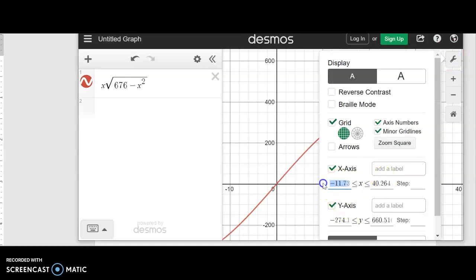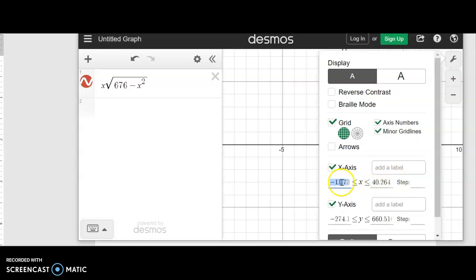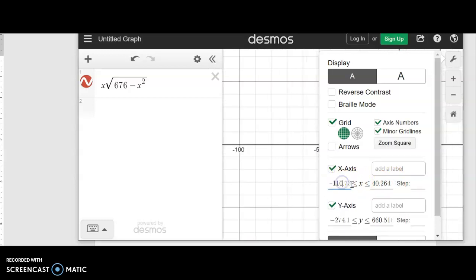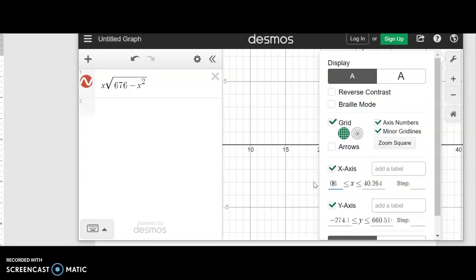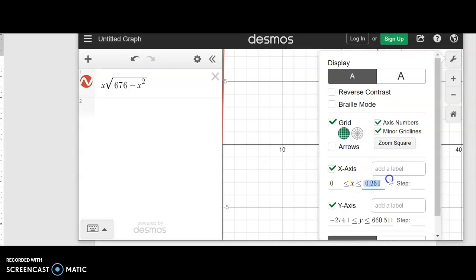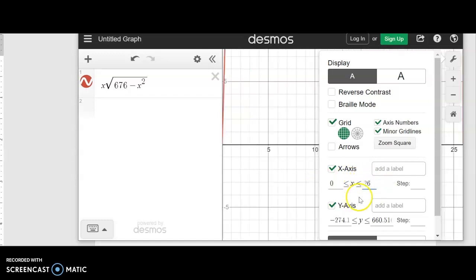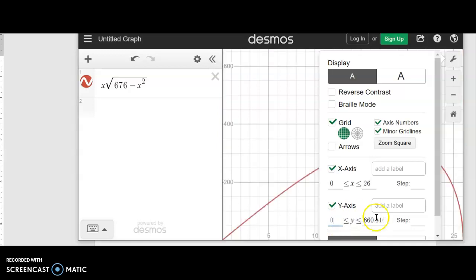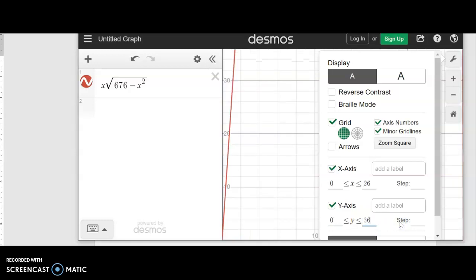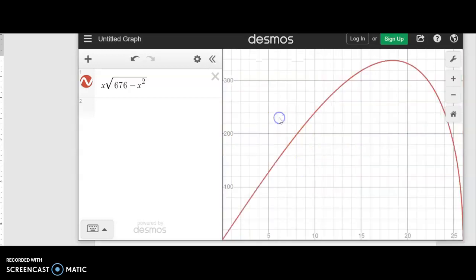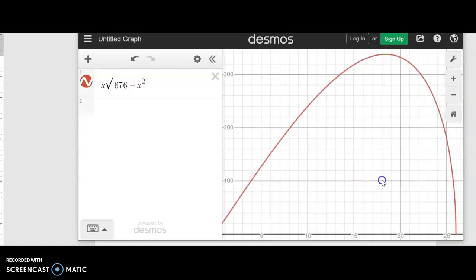So if I did that, 0, 26, and then it gave me kind of two options in my multiple choice for y, 0, and one of them was 360, I believe. And I get this window.